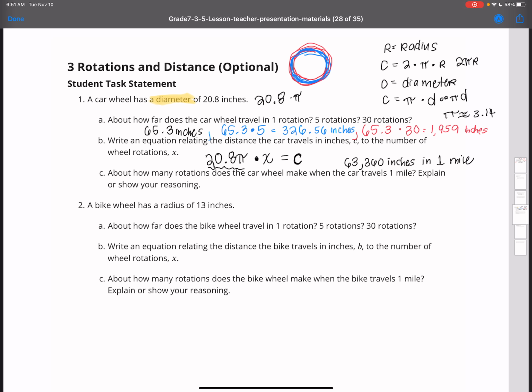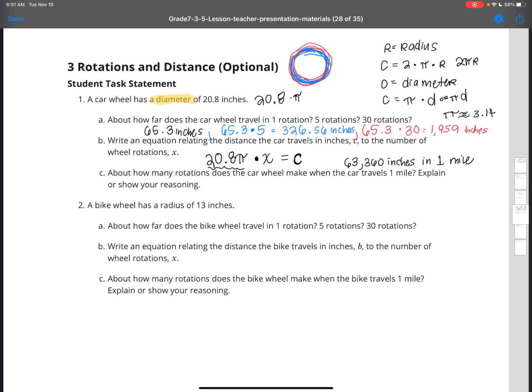So it gives us a value. Now, if you can recall this equation setup from Unit 2, this is kind of like a proportional equation. So we can use this exact equation to help us figure out how to solve this.